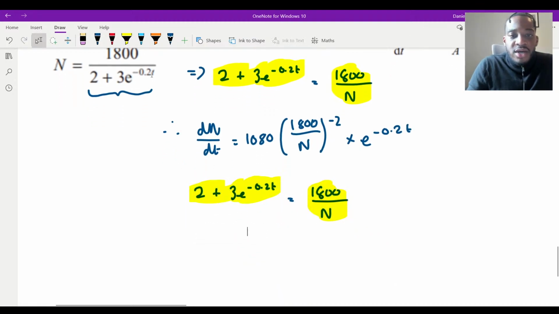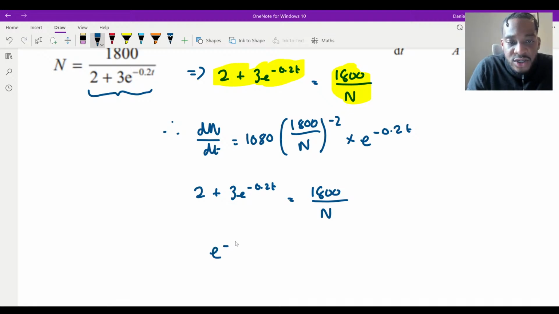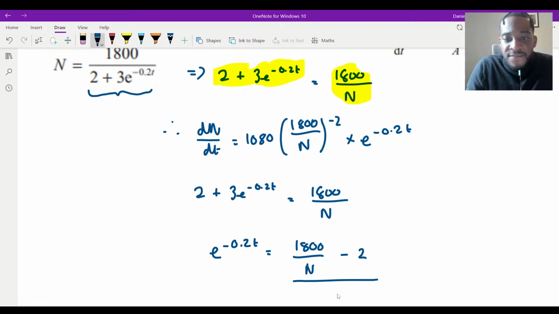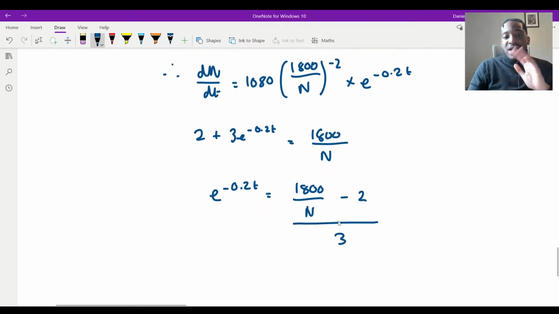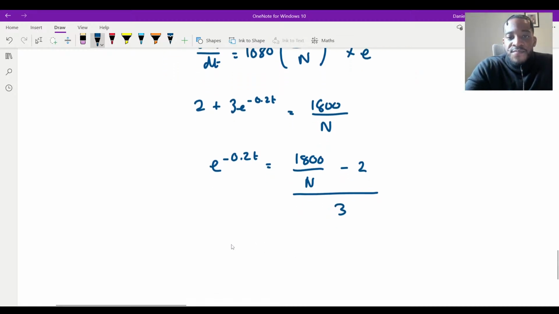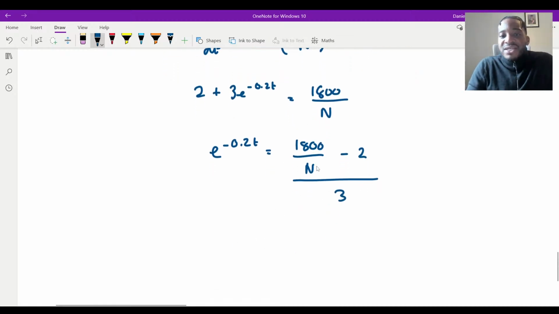Let me just get rid of the highlighter because it's a bit distracting. Okay, cool. So now, if I want to get that, then e to the minus 0.2t is going to equal 1,800 over n minus 2, divided by 3, isn't it? Just before I start tidying things up, I'm going to make this a bit simpler to work with.